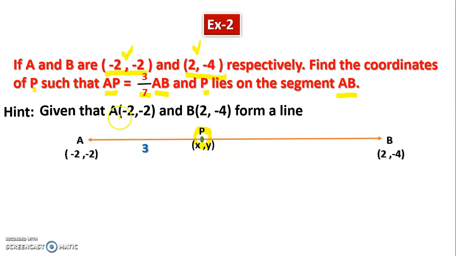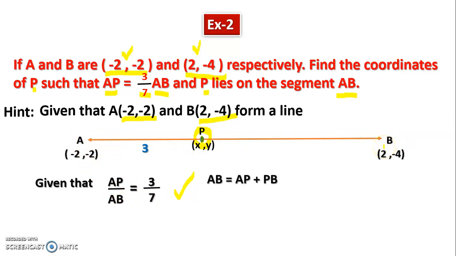So the given points A and B form a line, and it is given that AP by AB equals 3/7. If you compare the numerators, AP equals 3, that is why I wrote AP equals 3. AB equals 7, the total length of the line.